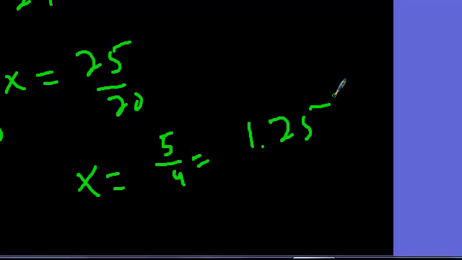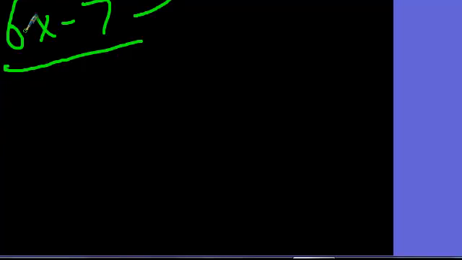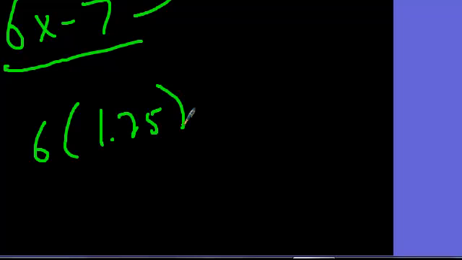So now that I have x, I can go back and find y. And I'm just going to use this one right here. It's easy to plug into. Y equals 6 times 1.25 minus 7. So 6 times 1.25 is going to be, oh, you make me think now, aren't you?